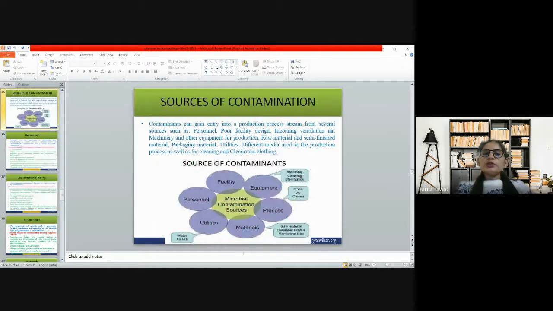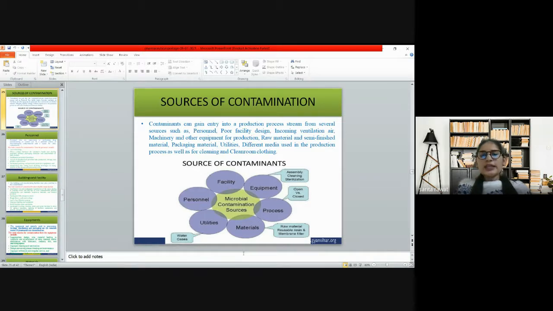Now, coming to the sources of contamination. Contamination can gain entry into a production process from several sources such as personnel, poor facility design, incoming ventilation air, machinery and other equipment for the production, raw material and semi-finished material, packaging material and utilities.